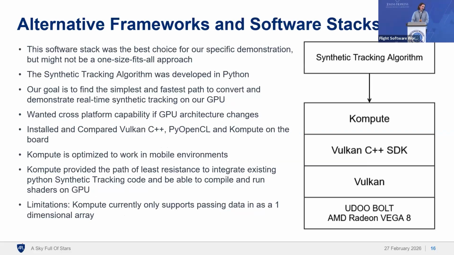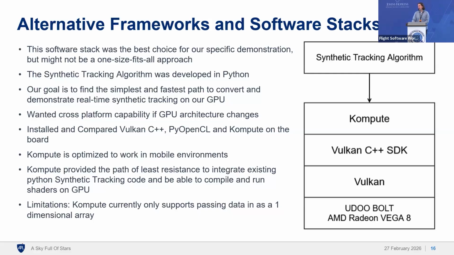We looked into some other alternative frameworks and software stacks. So this was the best choice for our specific demonstration, but it might not be a one-size-fits-all approach. Like I said, the algorithm was developed in Python, and we were trying to find the simplest and fastest path to convert and demonstrate real-time synthetic tracking on our GPU. And we wanted cross-platform capability if any of our architecture changes.